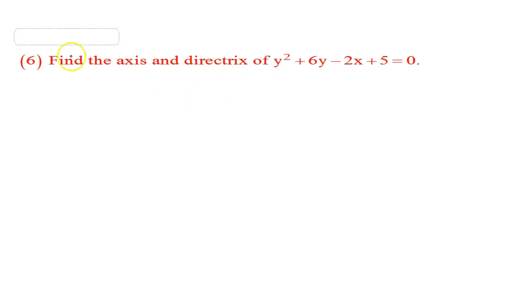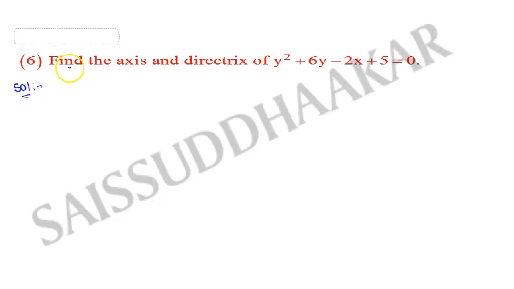So here I am taking the solution. I am writing the given question first: y square plus 6y minus 2x plus 5 is equal to 0.